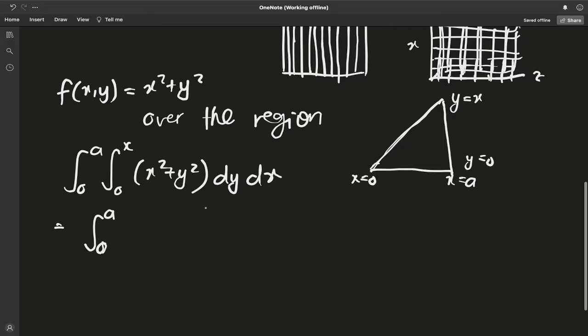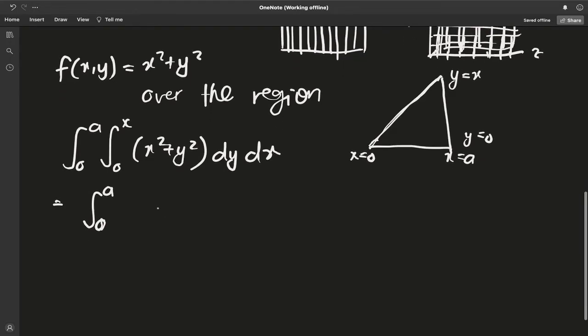The concept of doing multiple integrals is similar to what we did for partial derivatives. When you're integrating with respect to y, treat x as the constant. I'm just skipping lots of steps here. And finally, you get a to the 4th over 3, if I'm not wrong. I could be wrong.